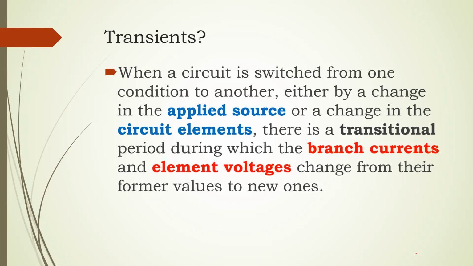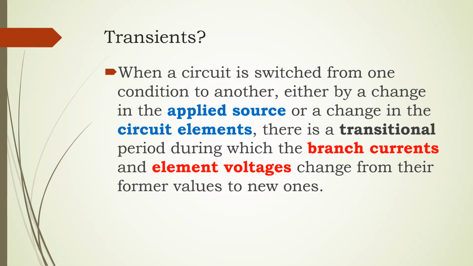You are not there seeing what is happening in the background, but these changes occur. So you have currents changing, you have voltages changing. And this period, the period between which you initiate a change and it reaching what we call steady state, is known as the transient. So that's the simple definition for a transient.